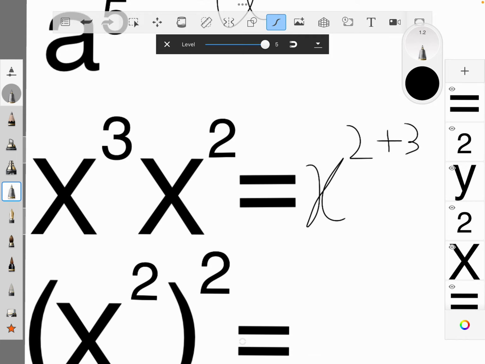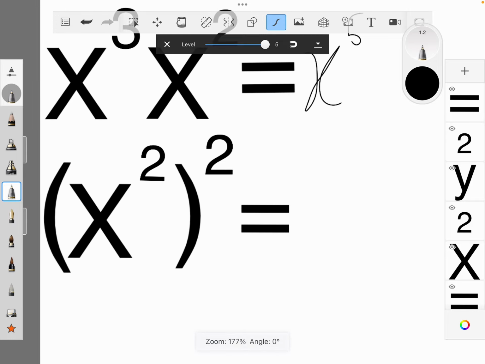Remember, if the two numbers have the same variable, that means you can just add the powers. So 3 plus 2. But remember, if this was a division sign, it would just be x to the power of 3 minus 2. So our answer would be x to the power of 5.